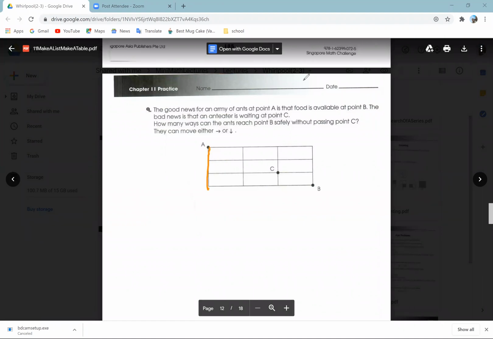So down 1, down 2, 3, 4, 5, 6, 7. Do you see any more?